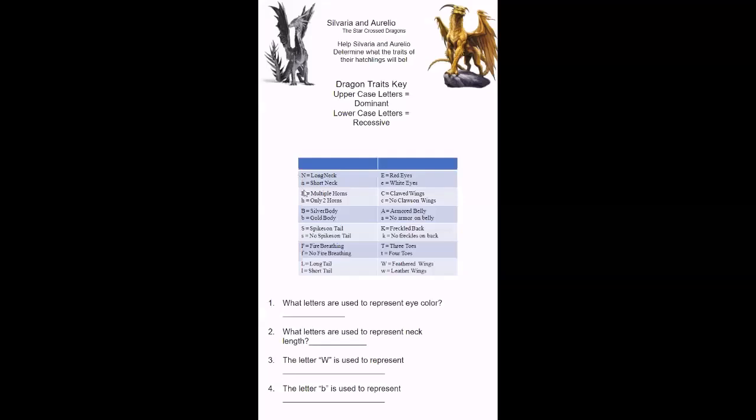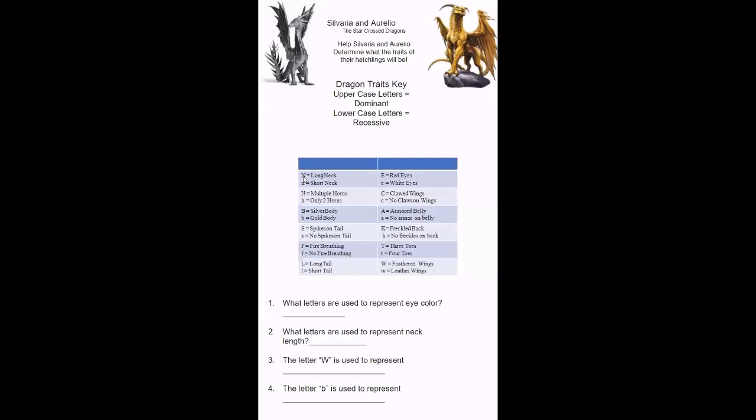Does that make sense? So, for example, every organism has two alleles, two versions of a trait in their DNA. We get one from mom, we get one from dad. So in this example, there are two alleles present in an offspring for neck length.